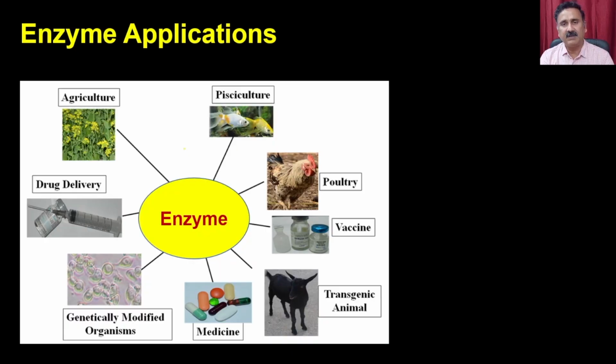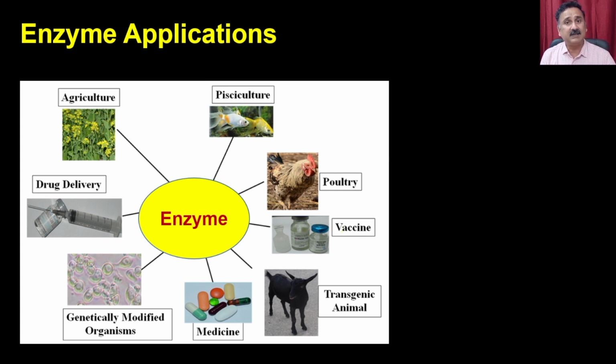Now, enzymes have applications in different fields, and what we are going to discuss in this particular course is a very limited set of applications. Enzymes have a role in the agricultural field, pisciculture, and poultry.